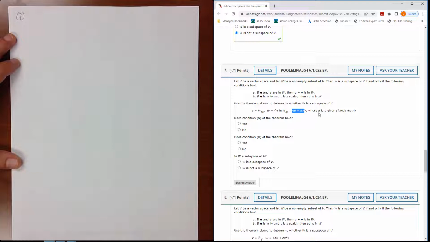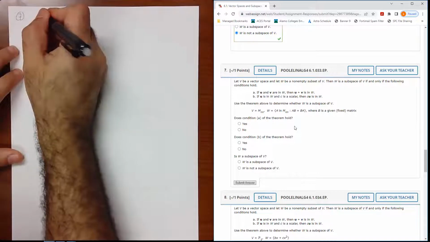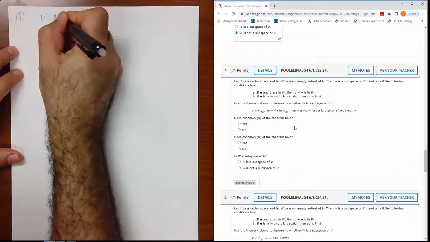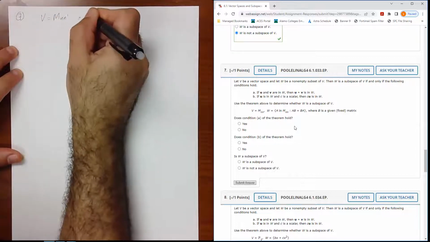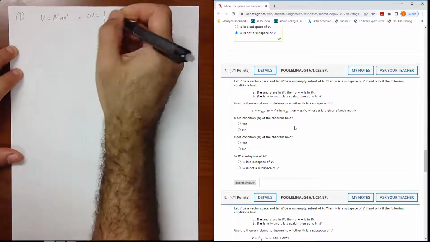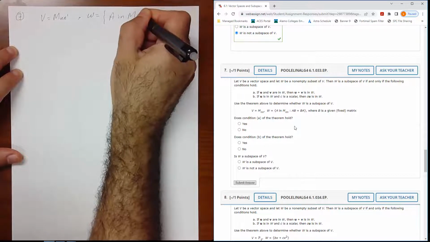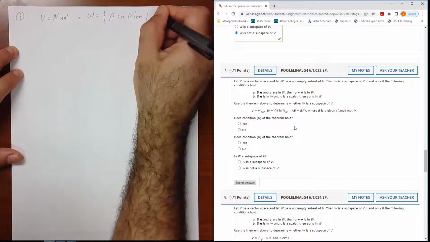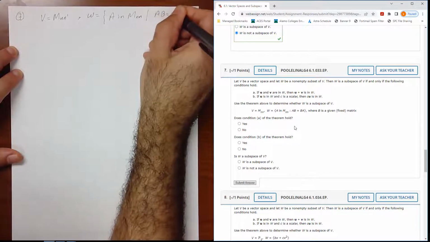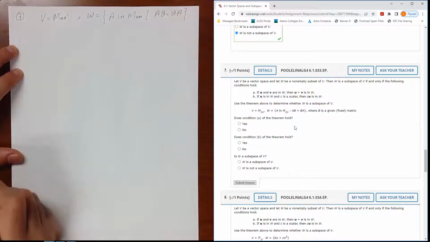Be careful, they're telling you B is a given fixed matrix, so you don't have to change B. So we already know V is all n by n matrices, and W is all matrices in V with this condition, AB equals BA.